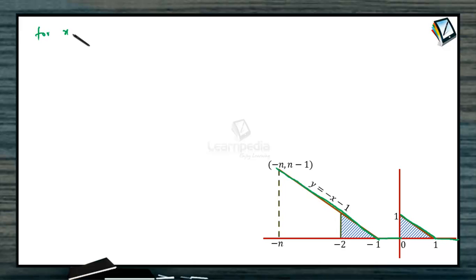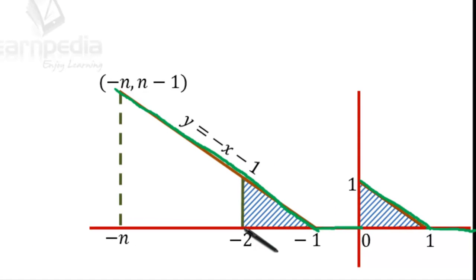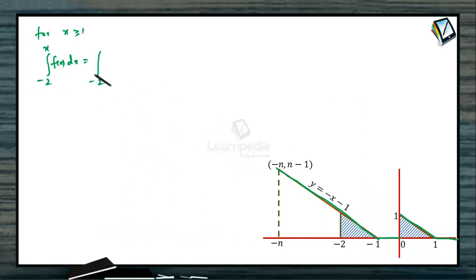So for the value of x more than or equal to 1, first let us verify the integral from minus 2 to x of f of x dx. Which region is required? From minus 2 to x, where x is a number more than 1. Then can we write this as the integral from minus 2 to minus 1 of f of x dx plus the integral from minus 1 to 0 of f of x dx?